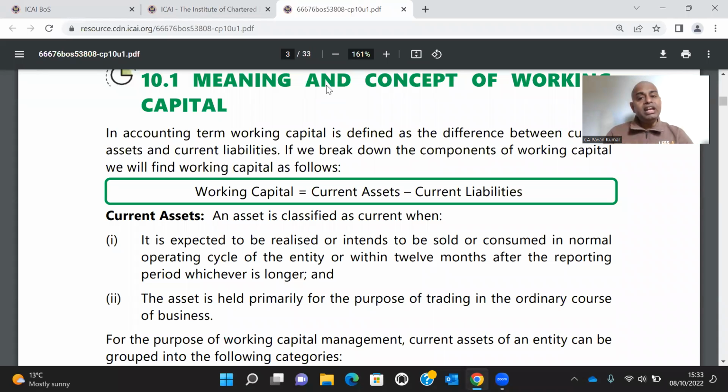But a company can still follow the 12-month criteria, especially in some industries like real estate, banking, and the finance sector, where the operating cycle concept is not applicable as it is. For example, ICICI Bank has given a loan to Mr. A, repayable in 30 years.